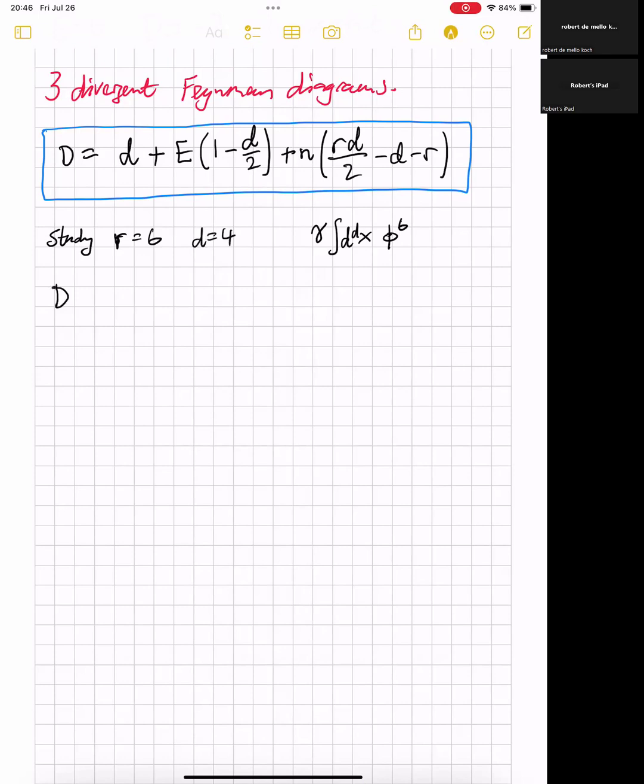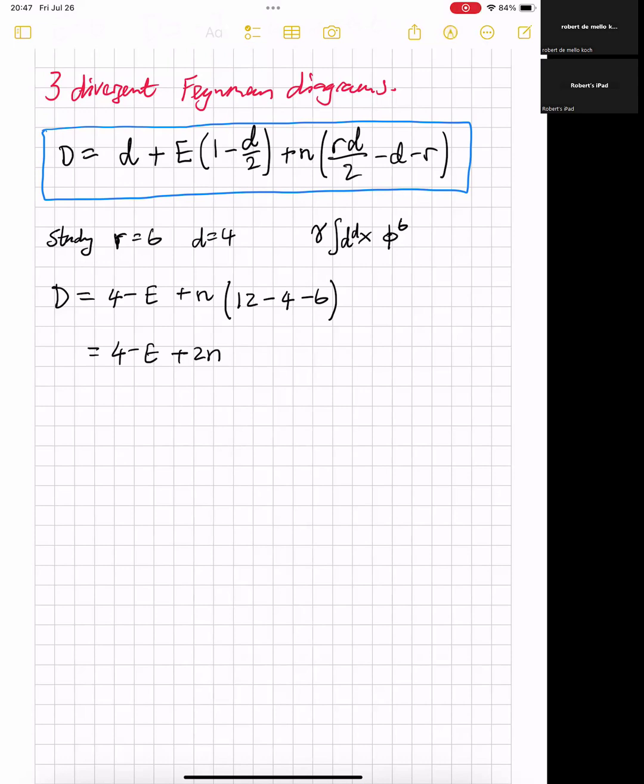Then what is D equal to? Well, again, it is 4 minus e, so that doesn't change, plus n times something. Now, r times d, that's 6 times 4 is 24, divided by 2 is 12, minus 4 minus 6. So 12 minus 10 is 2, so we get 4 minus e plus 2n.